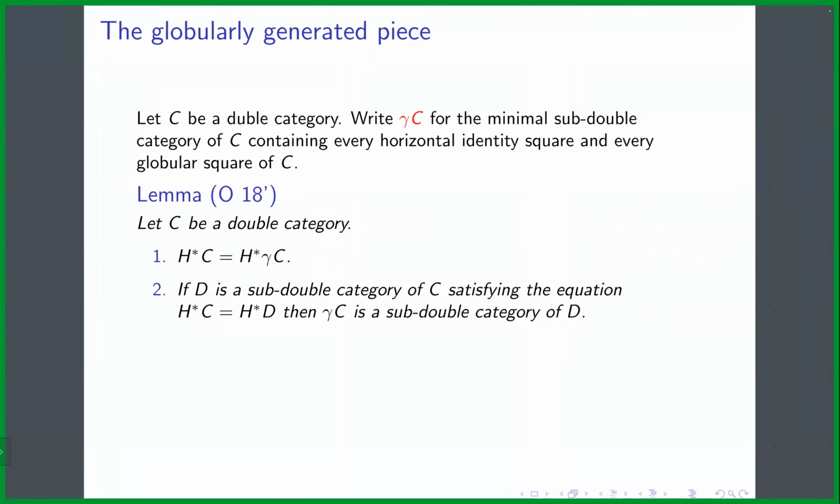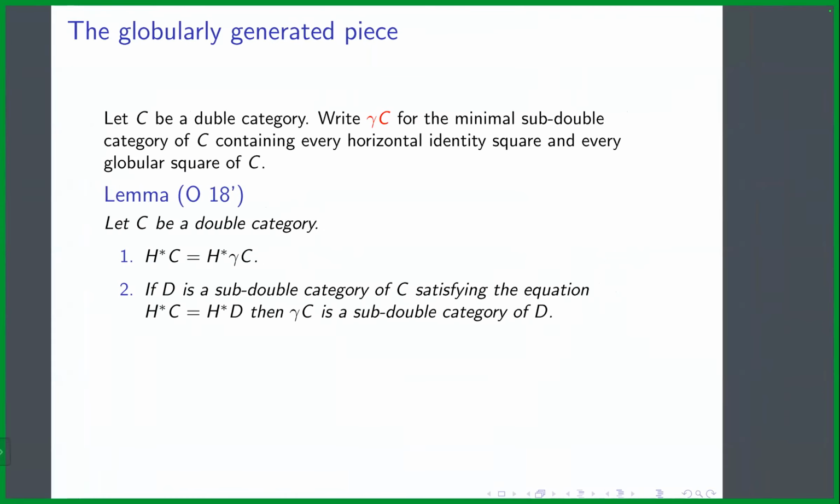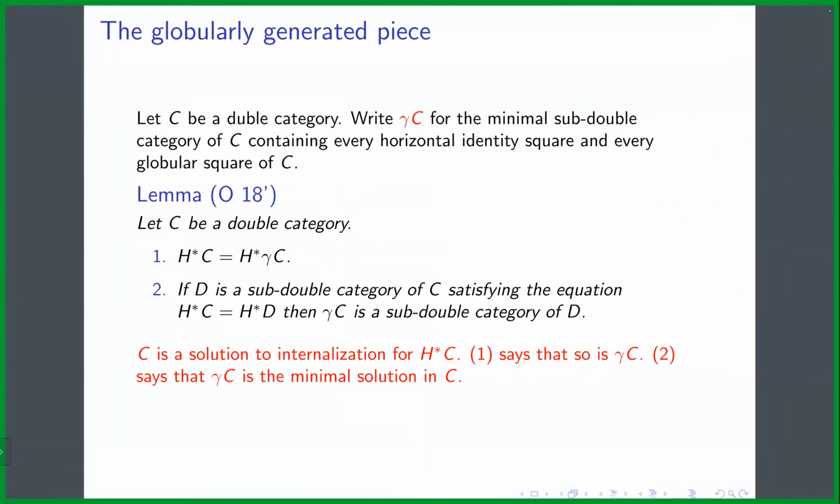If C is a double category, then the decorated horizontalization of C equals the decorated horizontalization of gamma C. And if D is any subdouble category of C satisfying this equation, so having the same decorated horizontalization as C, then gamma C is a subdouble category of D. So what this says is that if C is a double category, then C is of course a solution to the problem of existence of internalizations for its decorated horizontalization.